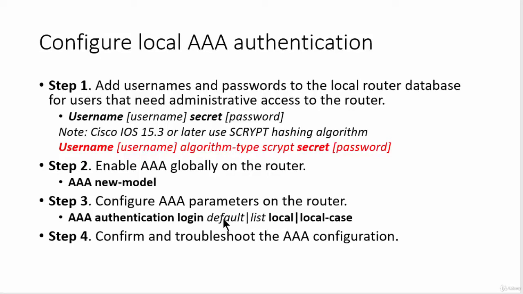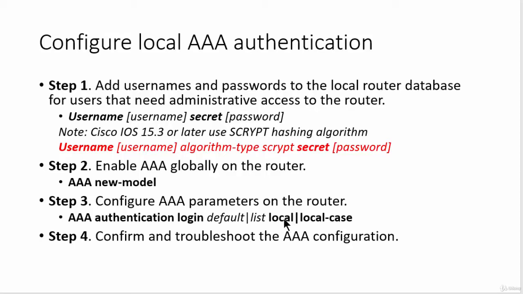The default keyword means that the authentication method applies to all lines. The list parameter is to name the list of authentication methods activated when a user logs in. The local parameter is to enable local authentication using a pre-configured local database.